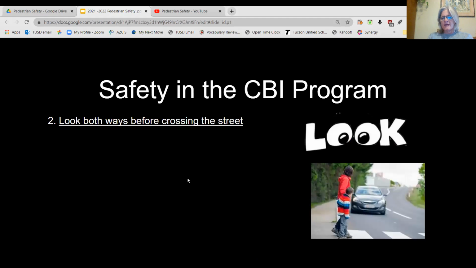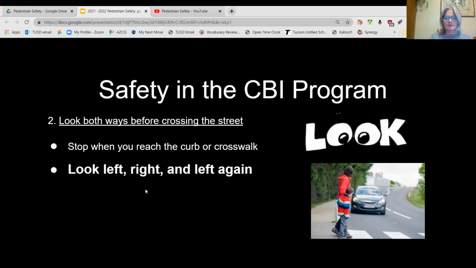So you look both ways. First, you see that they're stopped right there. So stop when you reach the curb or the crosswalk. You look left, right, left. I want you to practice that. Look left, right, and then left one more time.